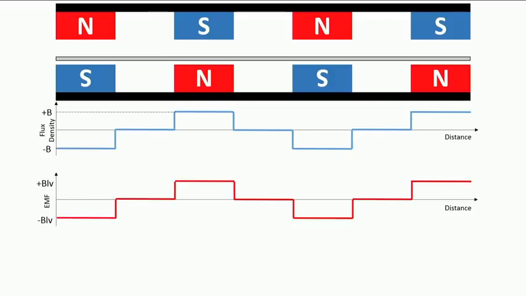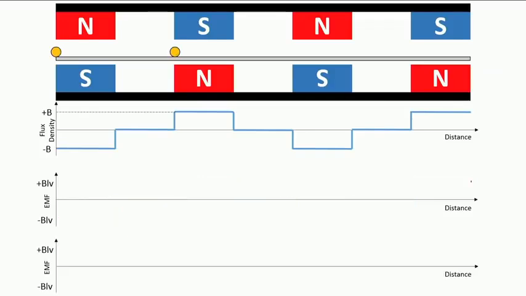Now, in the next slide, I have placed two conductors, and they are stationary. The first curve, the BLV curve, is the left hand conductor voltage, and the next conductor on the right, its EMF will be in the last plot down.